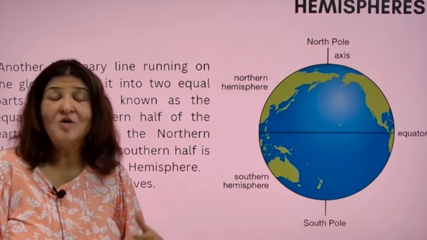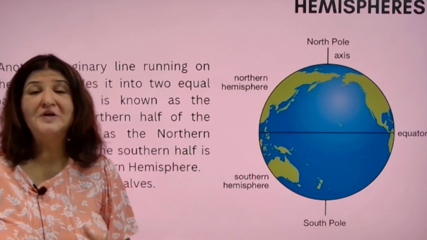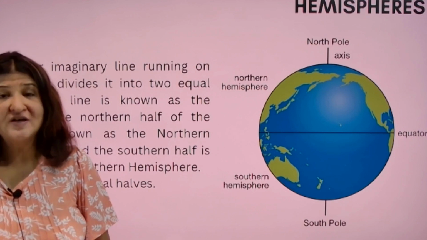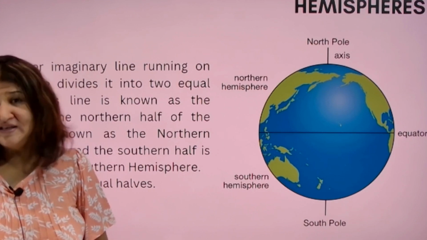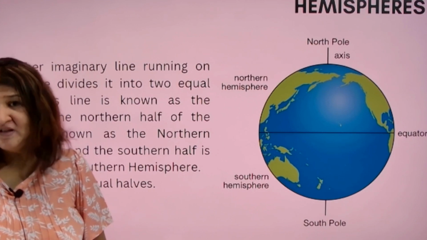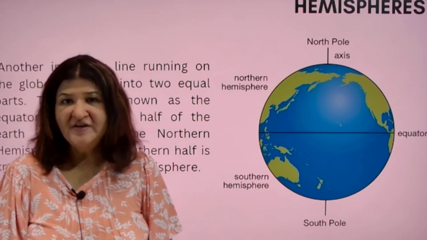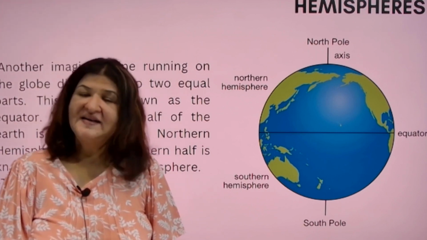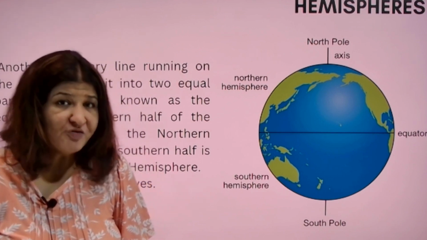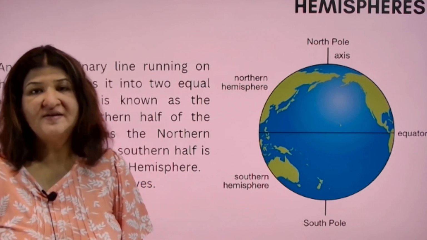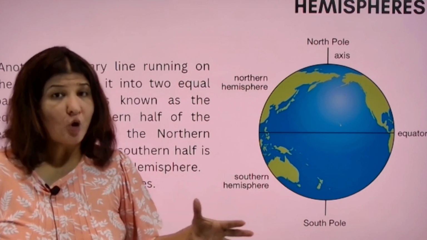Imagine how many thousands of kilometers, what would be the circumference, and how can you fit it on any single sheet of paper? It's not possible. So we make it into a scale, bring it down to a certain measurement, and then gradually study. But before all the detail and the study starts, we need to also broadly divide it.